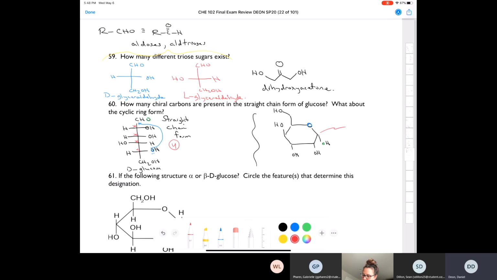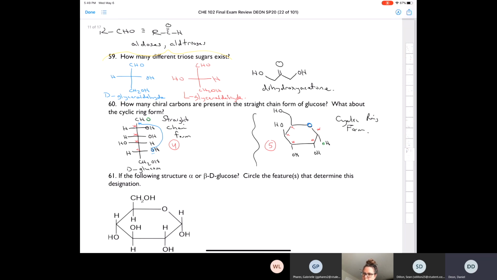So in this molecule, we have 1, 2, 3, 4, and a 5th one over here. We go from 4 stereocenters to 5 total stereocenters. Kind of interesting how you increase the number of stereocenters when you go from the straight chain form to the cyclic ring form.